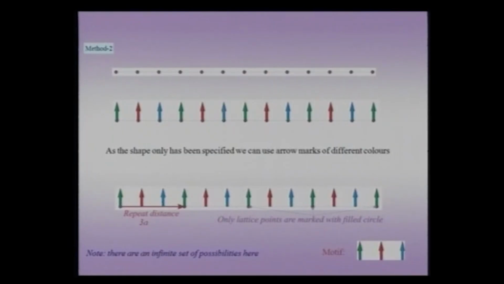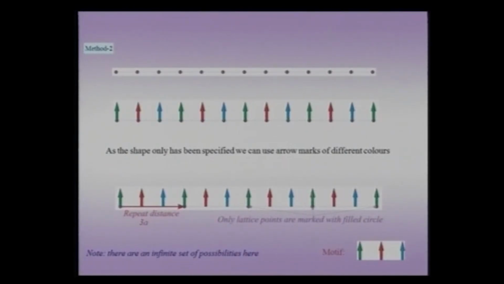So by changing the color here, I have now created a crystal as shown in the bottom figure, which has a repeat distance of 3a. In other words, the lattice parameter of this crystal is 3a, while if I had originally considered this lattice at the top, it would have had a lattice parameter of a. But clearly, as I had pointed out before, the only lattice points we can consider are not every arrow, but every third arrow center or every third arrow bottom.